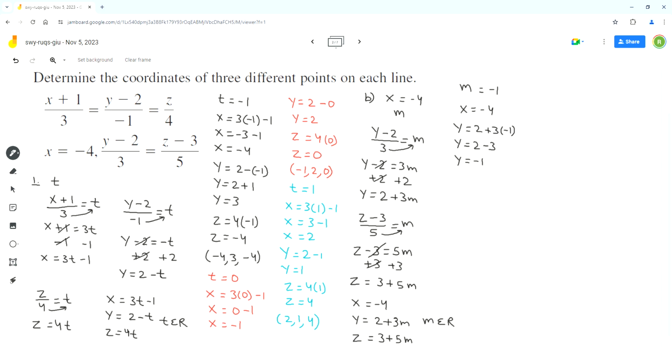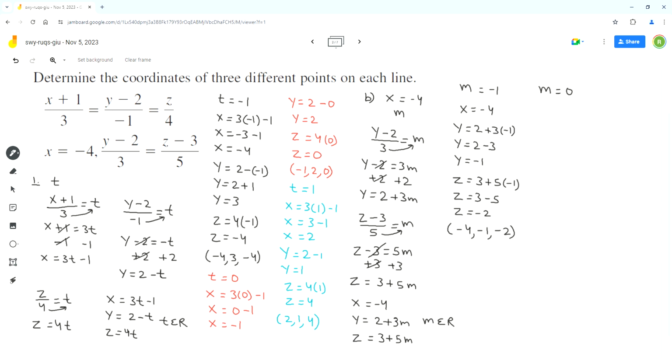Now we can sub in m as -1 in the z equation. I get z equals -2. So the first point on the second line is -4, -1, -2.